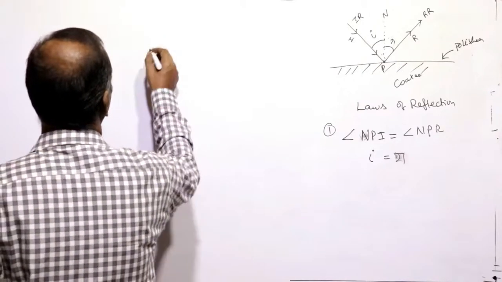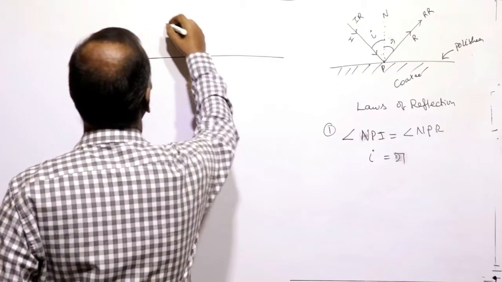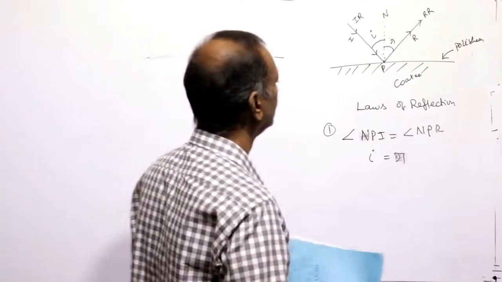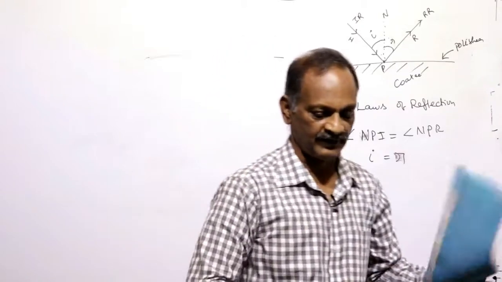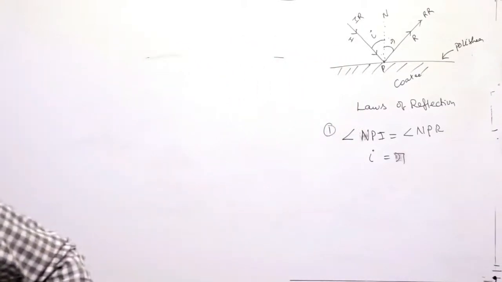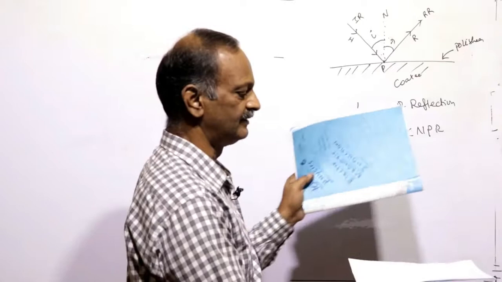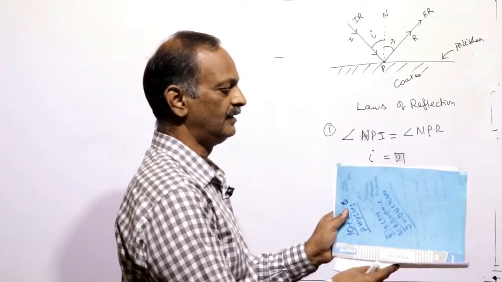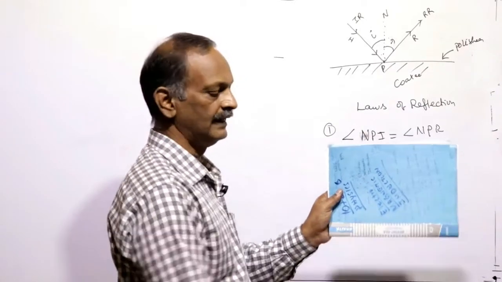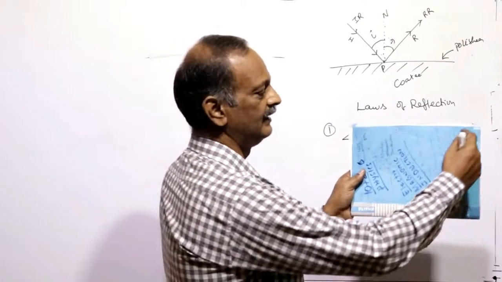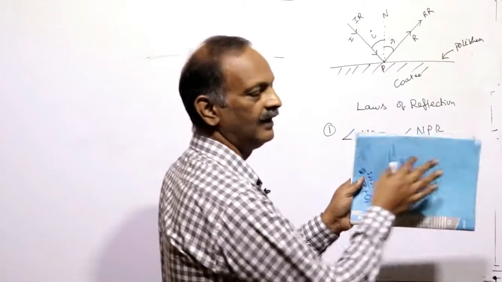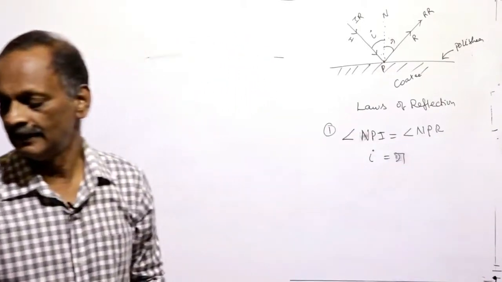Now we see here, this is the reflecting surface, and this is the plane normal to the reflecting surface. In this plane, the reflected ray, normal and incident ray all lie in the same plane. This is the second law.